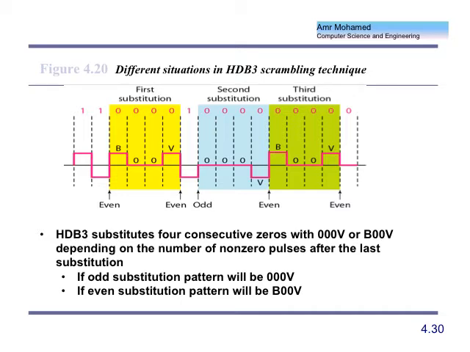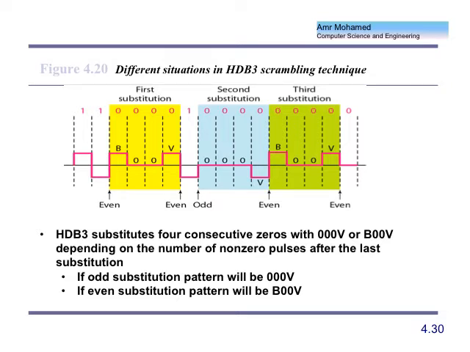Okay? So for example, here I have 1 and then 1, which is created as non-zero voltage. So the result is that here I have even voltage level changes. So in that case, I use B00V. And remember here, we do not substitute 8 consecutive zeros. We substitute only 4. Okay?